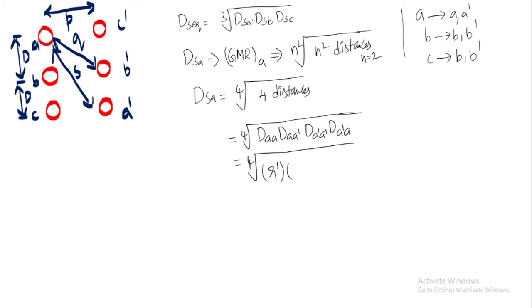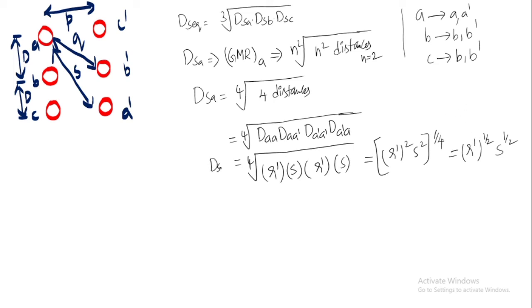And A to A dash, if you observe from the diagram, it is S. And A dash to A dash is also R dash. And A dash to A is S. So it is R dash whole square, S square whole power 1 by 4. Now what you will get? R dash power 1 by 2, S power 1 by 2. This is DsA.